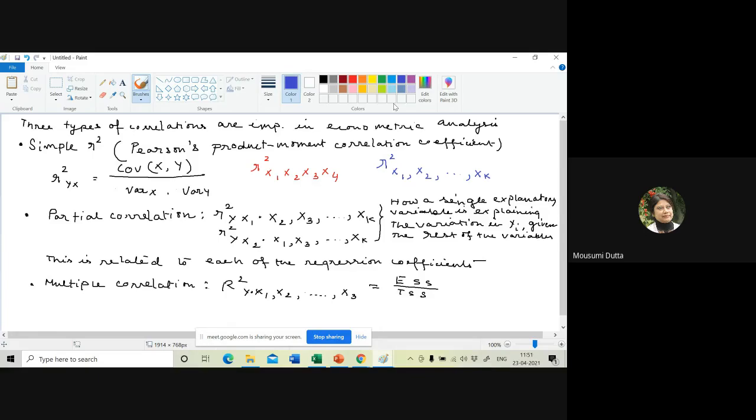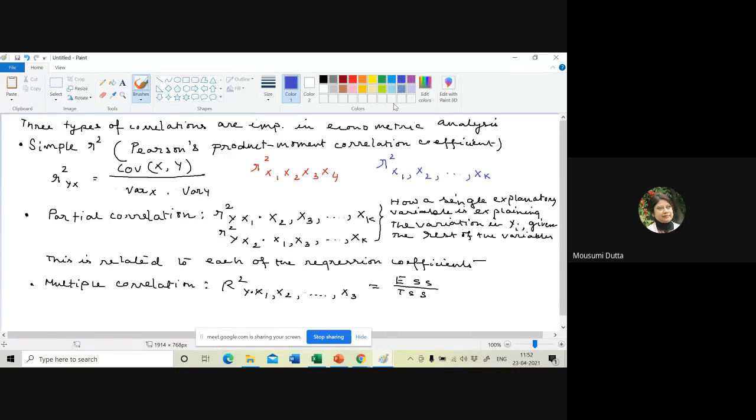So it is possible to calculate these kinds of simple correlation. However, there will be some context, there will be some logic to use the concept. These are all statistical definitions. In the context of regression analysis, while we are using the statistical notions in our regression framework, there are some ideas.